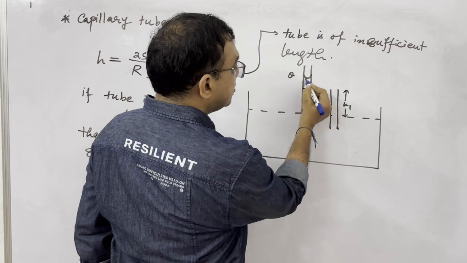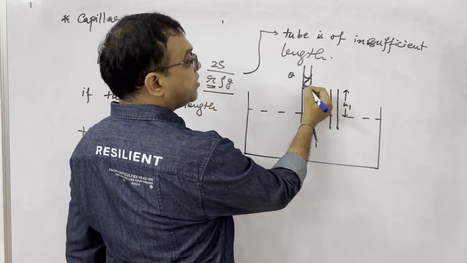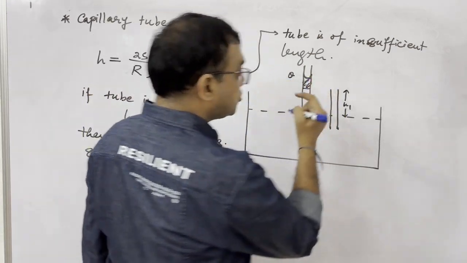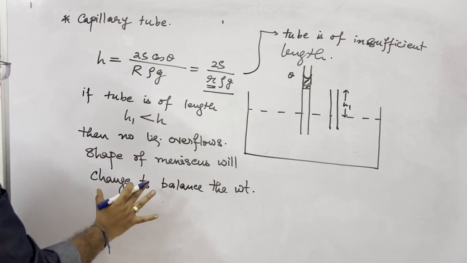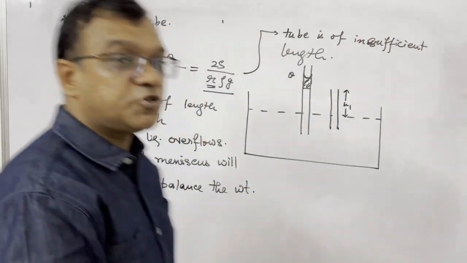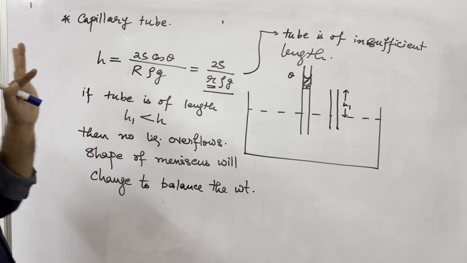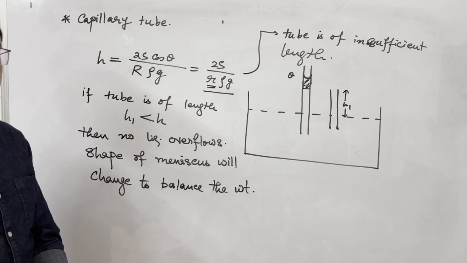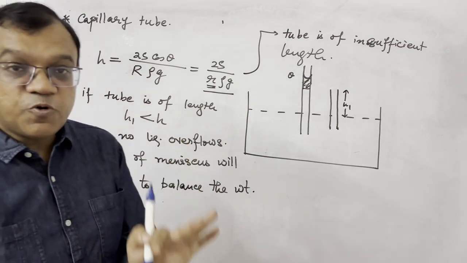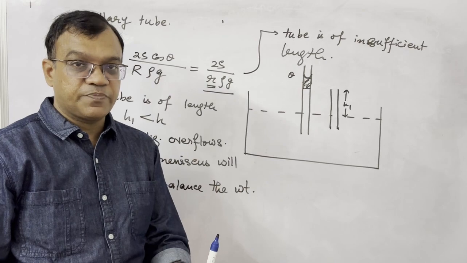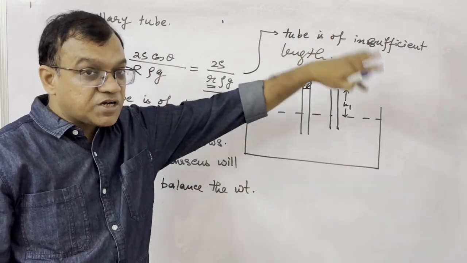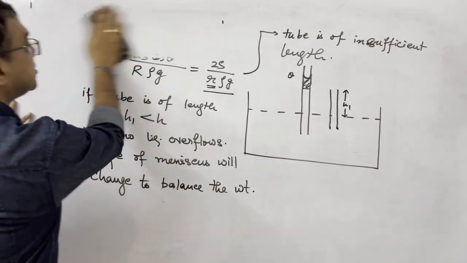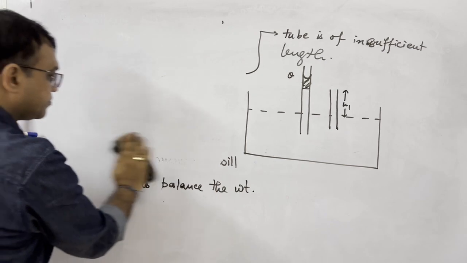It doesn't mean if the tube is only up to here that this amount of liquid will come out. No. What is going to happen, you try to see. I am making some diagrams on this side so that it will be very clear to you, right? When the tube is of insufficient length, liquid does not overflow, rather the shape of the meniscus will change. And how the shape of the meniscus is changing, you see this.